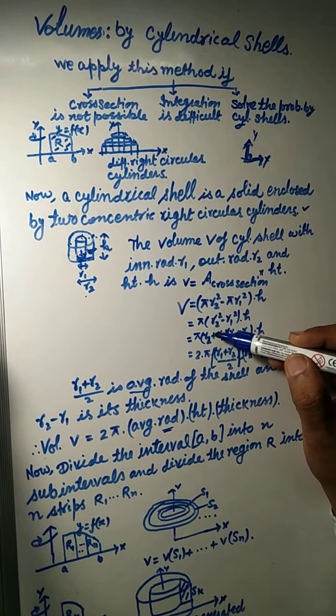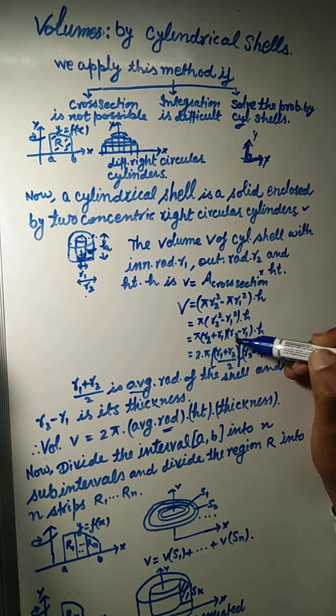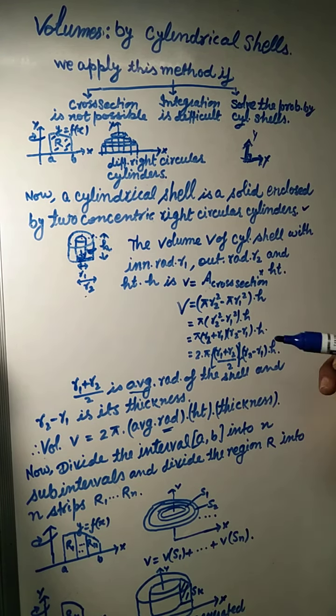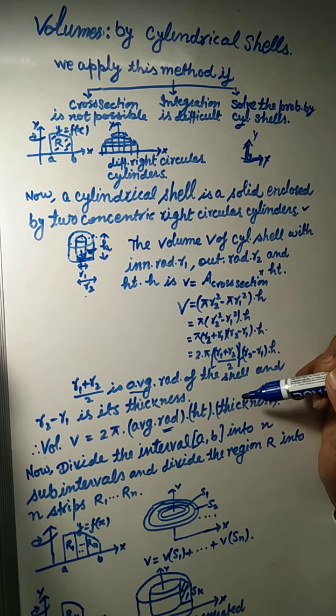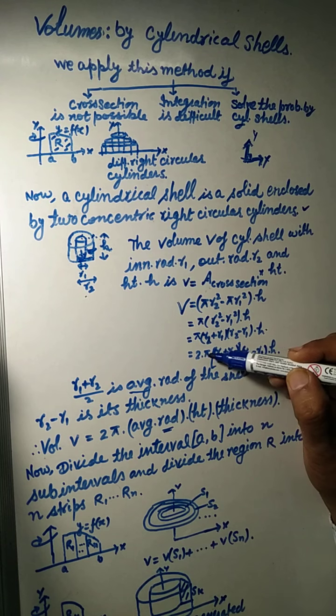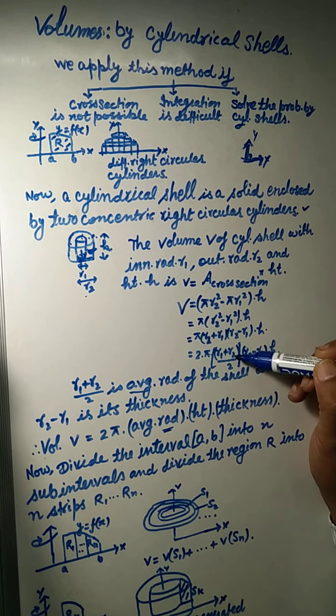So this gives us pi (R1 plus R2)(R2 minus R1) times height. And after multiplying by 2 and dividing by 2, we will obtain 2 pi times (R1 plus R2)/2 times (R2 minus R1) times height.